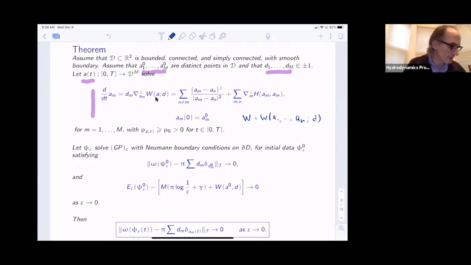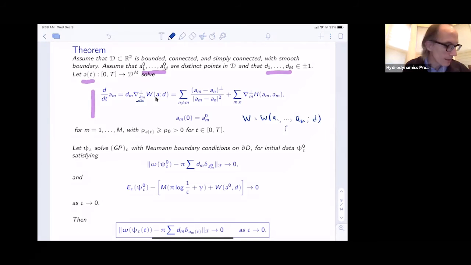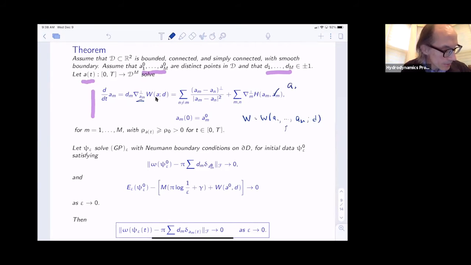And so, right, here I mean the gradient with respect to the mth variable. And this would be the same thing. So there should be a W of, here's a typo, this is an a sub n. And this H, of course, depends on the degrees d. So that's why we see a dependence on d here, but not there, because I didn't write it. Yeah, and so this grad_M is the same as grad_{a_M}.